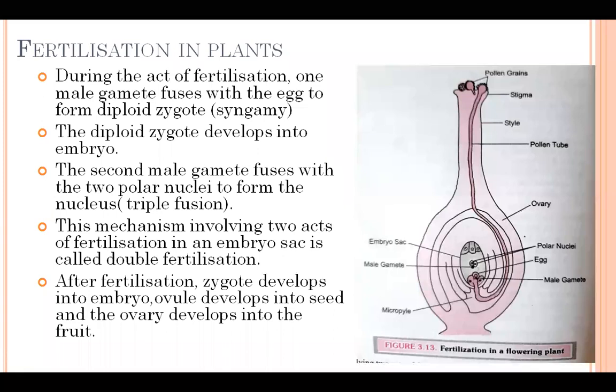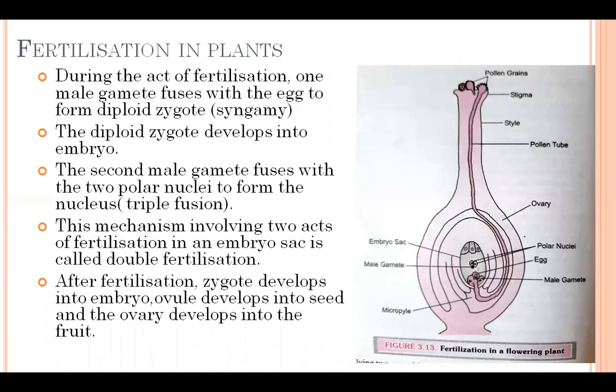And what is the zygote part? This fusion here of egg cell and the male gamete, the zygote resulting from this process, is forming the embryo. This ovule is forming the seed part, and the ovary is maturing into a fruit. So I told you three things here. Ovary is developing into a fruit, ovule is developing into a seed, and this zygote which is resulting from syngamy is developing into an embryo.